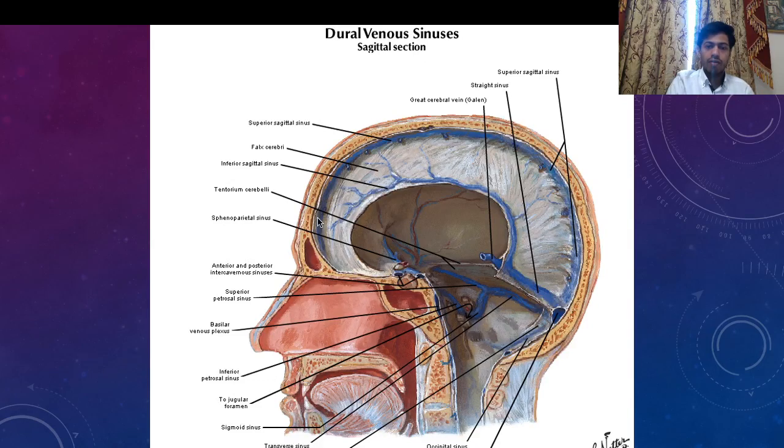So when venous blood is drained from the brain parenchyma, it can be divided into superficial and deep veins. The superficial veins primarily drain from the cerebral cortex, whereas the deep veins will obviously drain from the deep structures within the hemispheres.